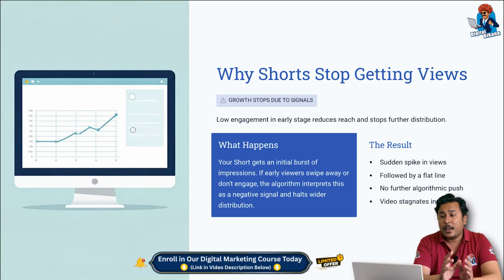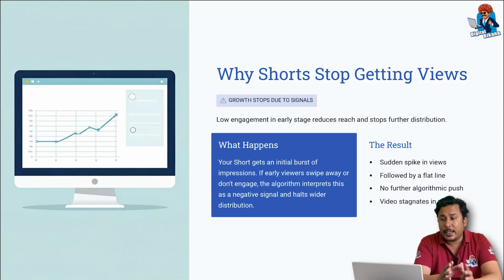Now what happens? Your short gets an initial burst of impressions, right? If early viewers swipe away or don't engage with your short, the algorithm interprets that as a negative signal and it halts the wider distribution. It would not distribute it to a wide user group, right?